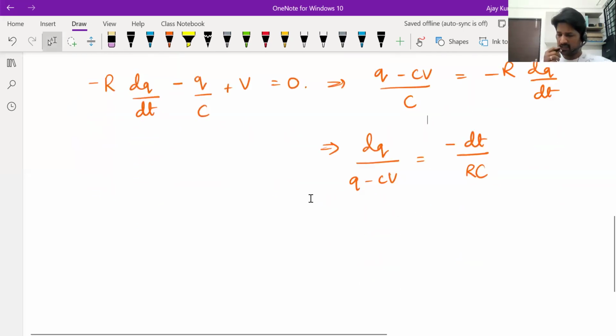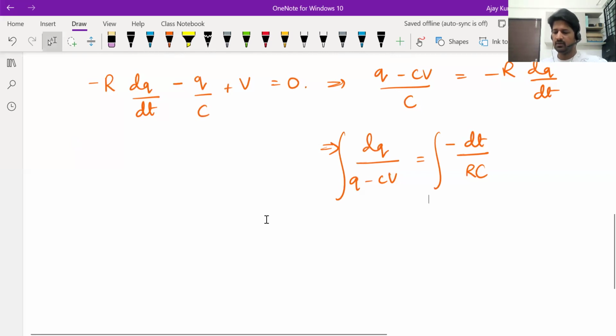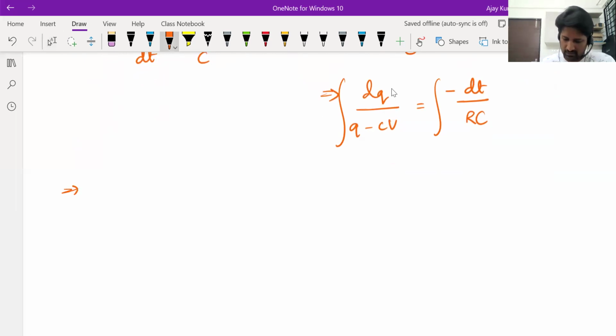Okay. Now we just have to integrate this to get charge as a function of time. Can one of you tell me the integral of 1 by q minus CV? ln of q minus CV, correct. So we have to substitute the limits here.